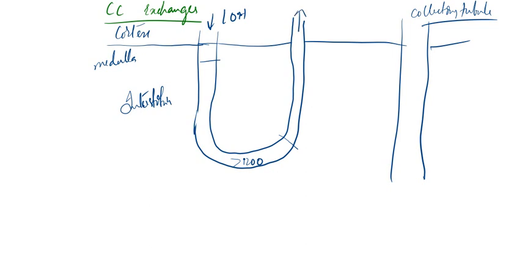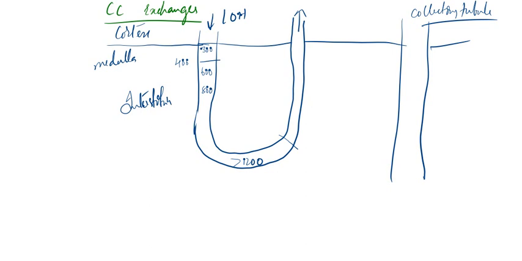Now what happens is, the osmolarity while entering the medulla in the loop is 300. In the interstitium it will be something like 400. So the osmolarity goes on increasing slowly. How? Due to reabsorption of water.